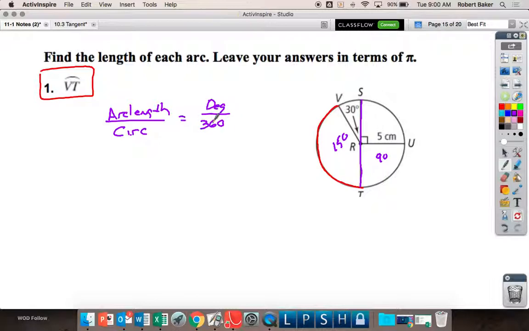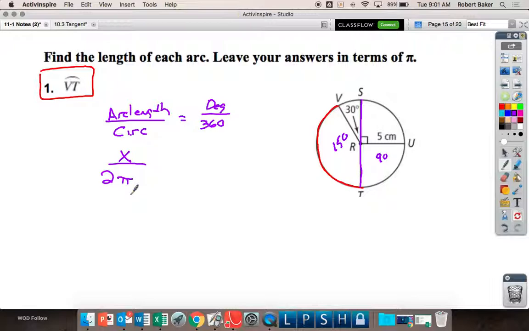So how long is VT in units, in centimeters? We don't know. That's what we're trying to solve for. That's going to be our x. What is the circumference around the circle? 2 pi r.